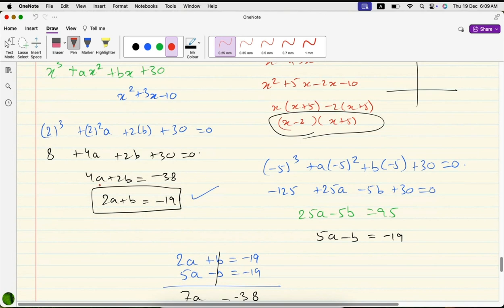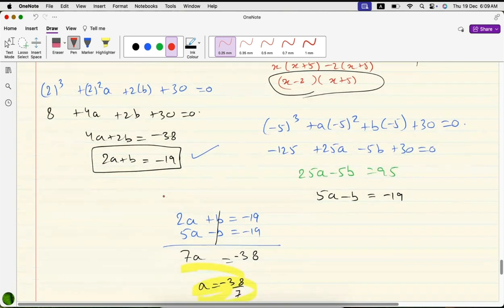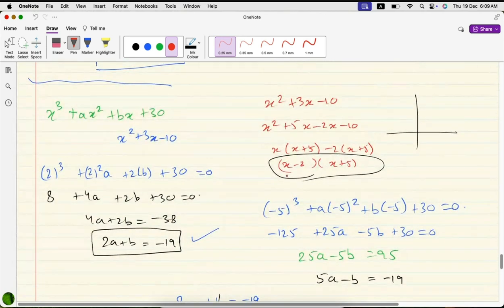Minus 38, 2, 1 and minus 19. Minus 5 cube is minus 125 plus 25 minus 5b plus 30.